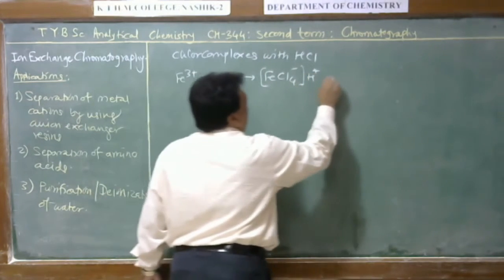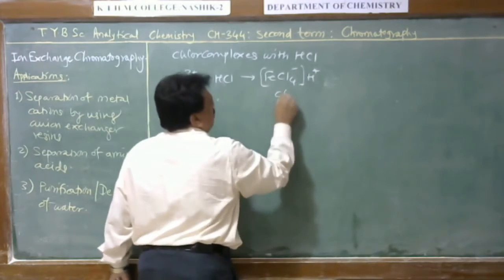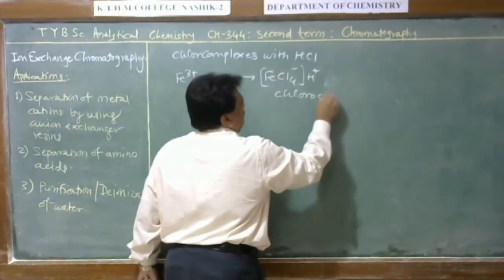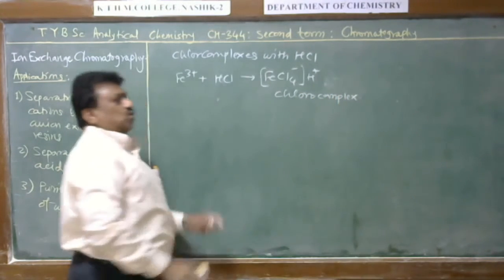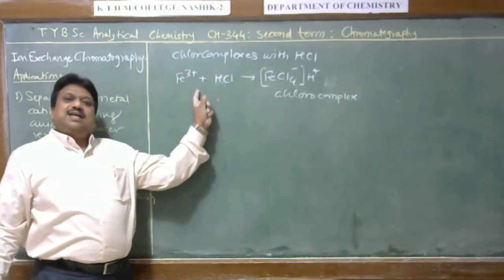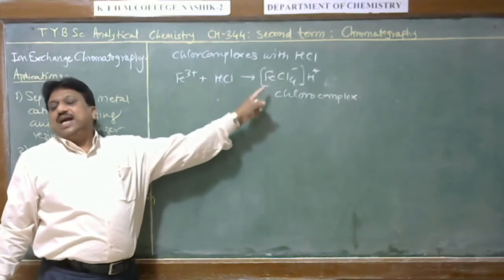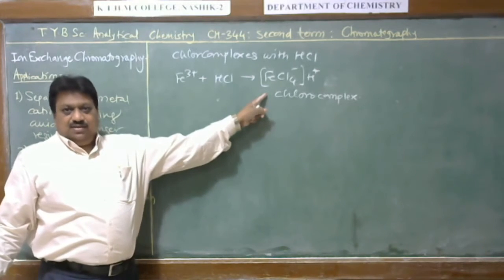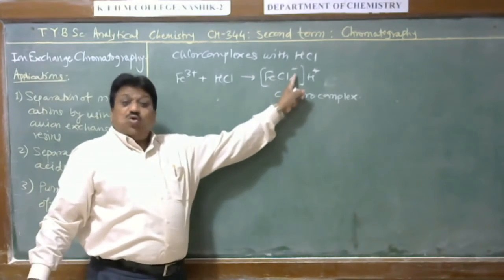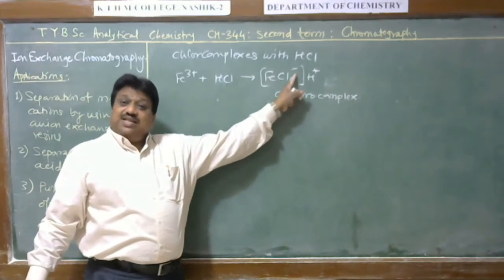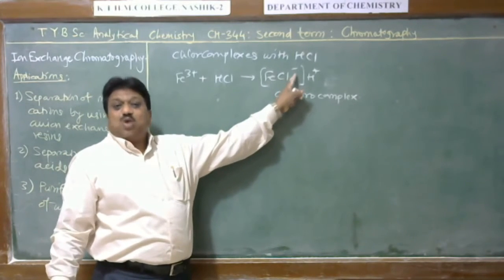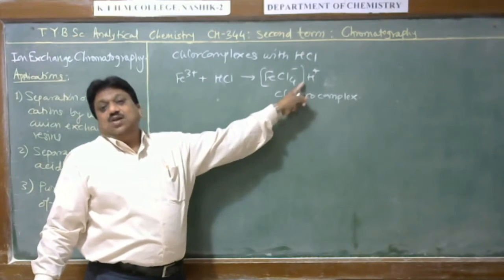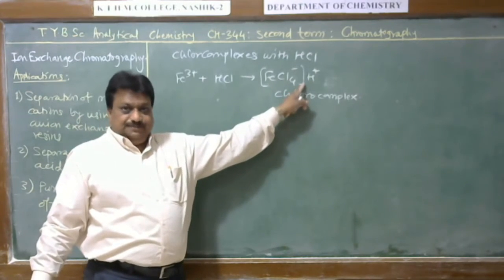Such a type of complex is called a chloro complex. Here, the chloro complex is formed by treatment of the metal ion with hydrochloric acid. This chloro complex has a negative charge, and therefore we can utilize this property of chloro complexes for separation of metal ions.